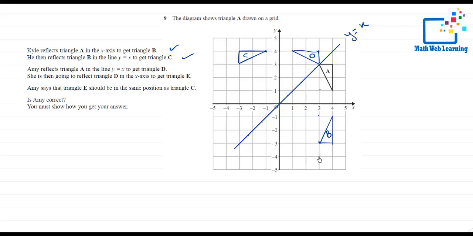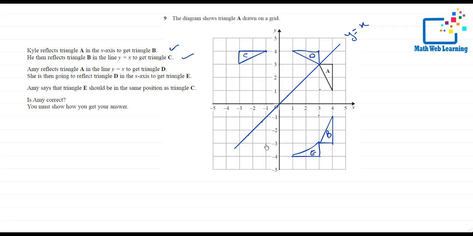And that one's going to be, of course, down here. All right, so let's show the line, that one. Now, what about this one here? 1, 2, 3, 4. 1, 2, 3, 4. That is E.